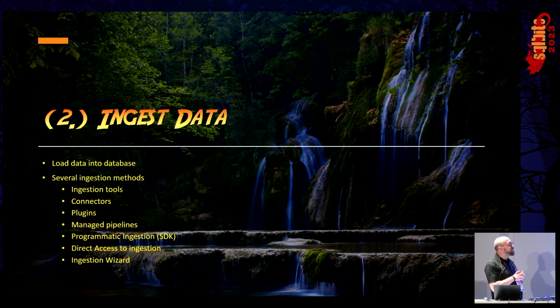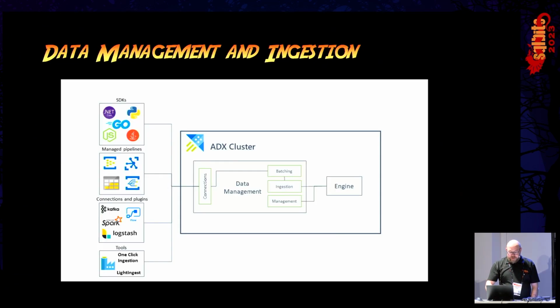These connectors can be used to ingest data through other systems into our Azure Data Explorer. There are also some plugins, and we can have some managed pipelines. We can do a programmatic ingestion. There is an SDK for this, where you can program your ingestion. And as you've seen, we have direct access to our ingestion and can use the ingestion wizard as well.